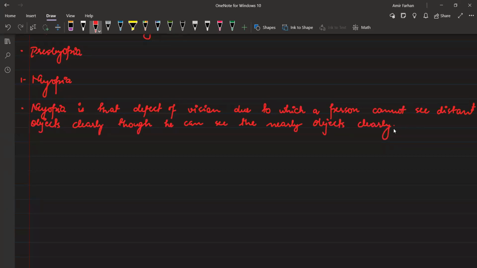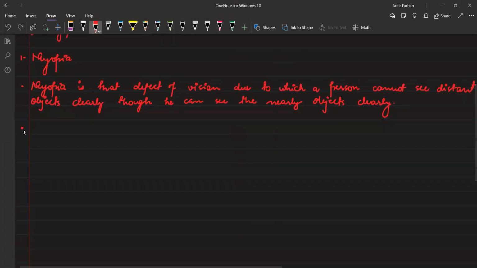Is that clear, everyone? The next thing: I've told you that the far point of an eye is infinity. In the last class we did that the far point of a human eye is infinity. But in this case, the far point shifts towards the eye, so it is less than infinity.